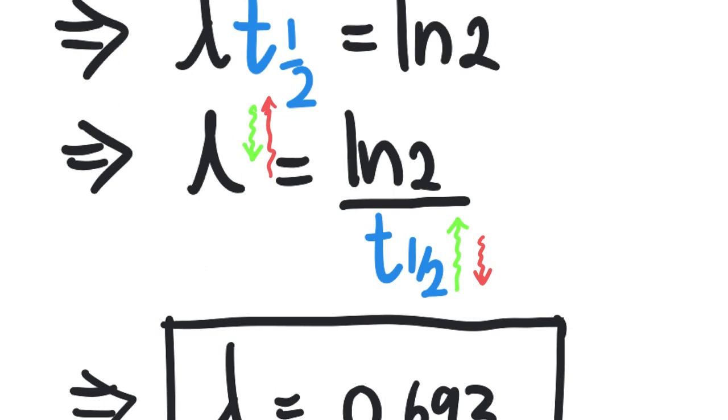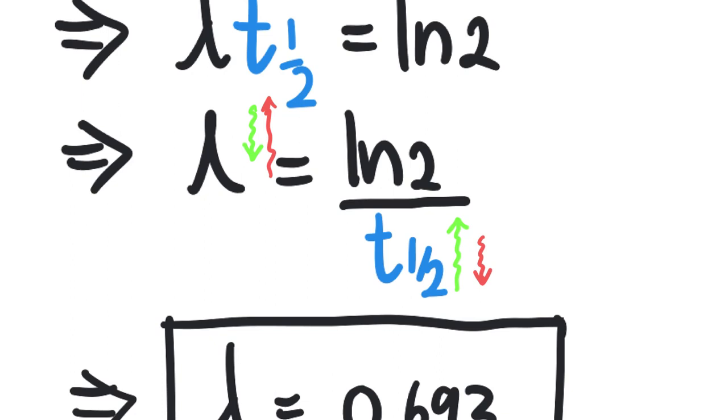Looking at it the other way, if your decay constant increases, then the probability of a nucleus in that sample decaying per unit time will go up, which means that in a particular time more nuclei will decay, which means that the half-life, the time that it takes for that radioactive sample's amount of undecayed nuclei to decay to a half, will decrease.